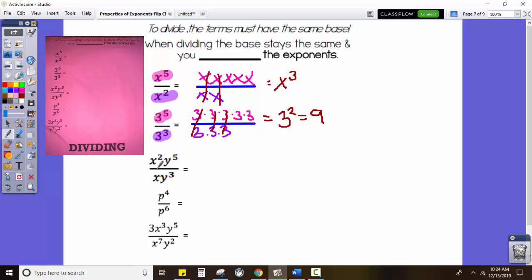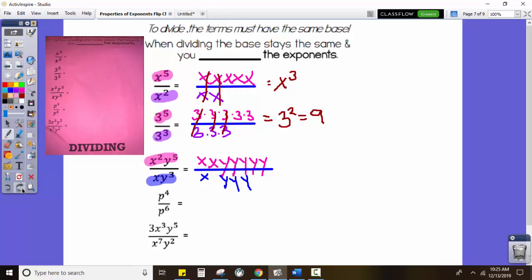Okay, now the next one gets a little bit more complicated because we have two different factors. We have x's and we have y's. In the numerator, I have x to the 2nd, y to the 5th, divided by x, y to the 3rd. So in the numerator, x to the 2nd is x, x, y to the 5th is y, y, y, y, and y, and then divided by x, y to the 3rd, 1, 2, 3.